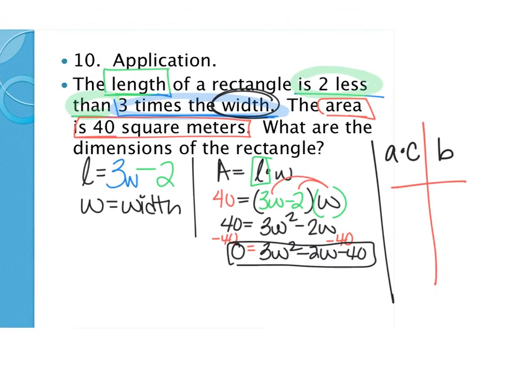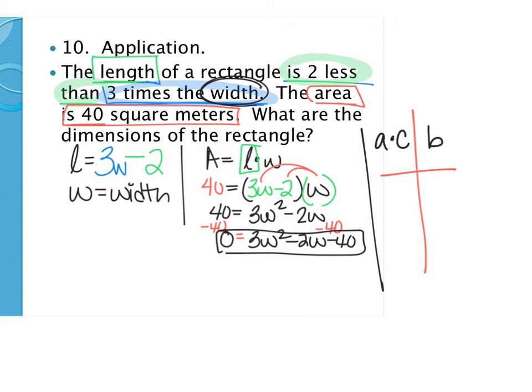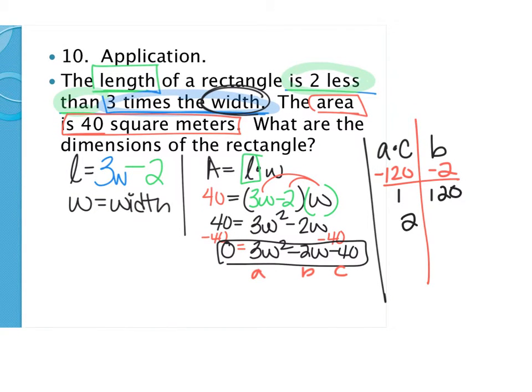Do y'all want to try it from this point? Okay, what was A times C in this case, guys? Negative 120. And then negative 2. So you would have done 120, 2 would have been 60, 3, 40.